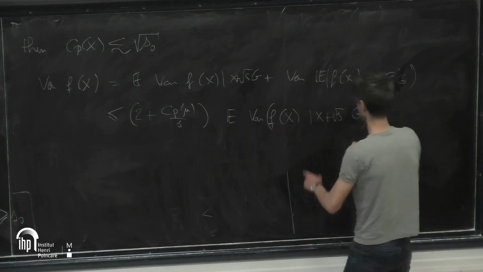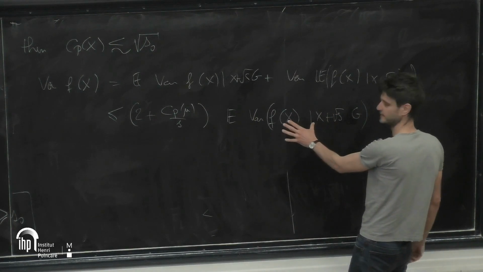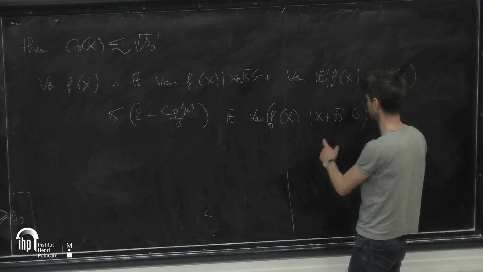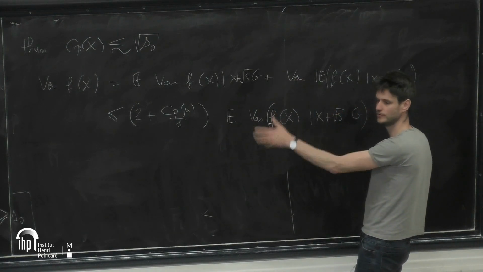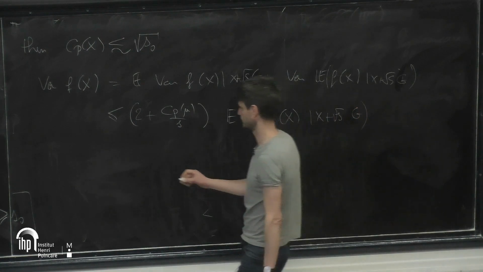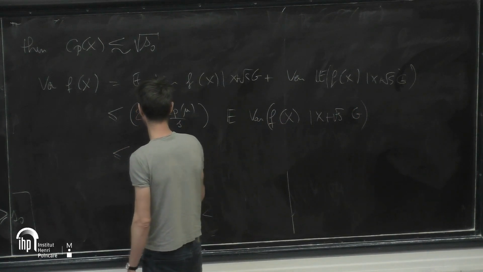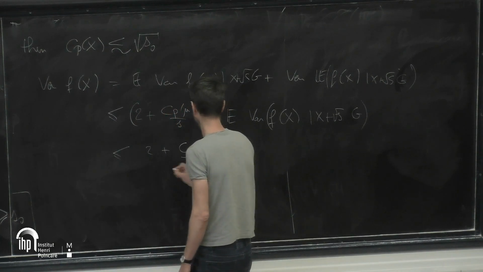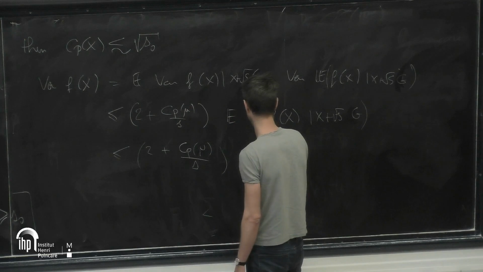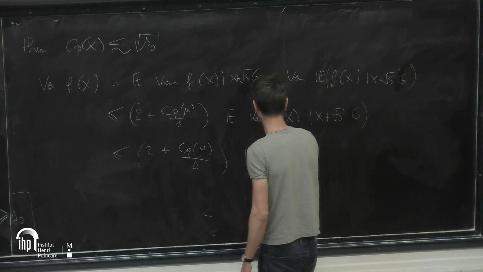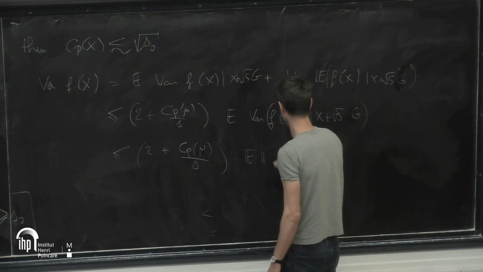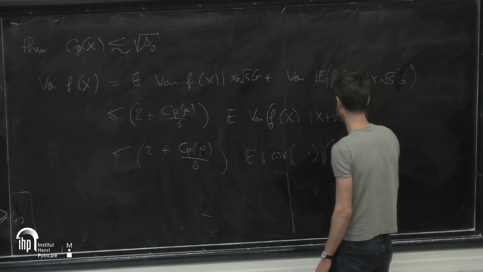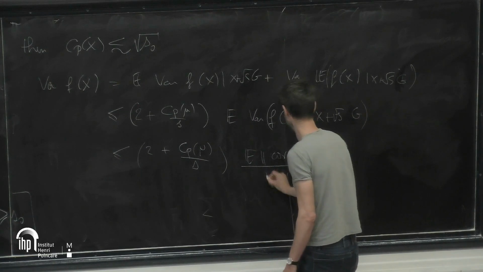And then the argument was that this guy is uniformly log concave, or 1 over s uniformly log concave. You use the improved Lichnerowicz, and then you get 2 plus Cp of mu over s times the expectation of the covariance of this thing to the half, divided by square root s.